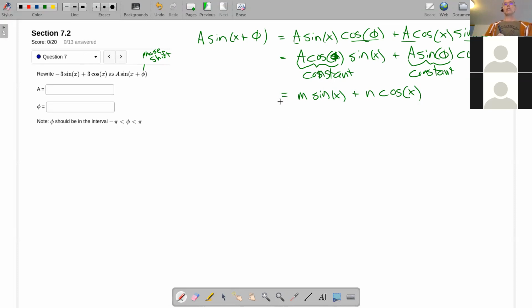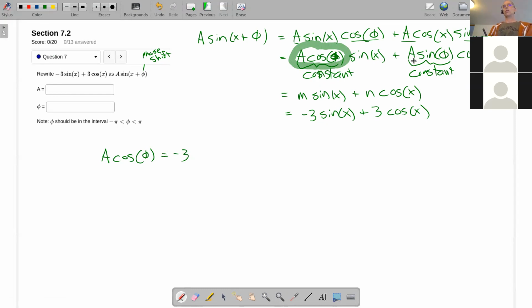Now, we have some hints here. We have a -3 sine of x, and then a +3 cosine of x there. So putting this all together, my constant m here, A cosine of phi, has to be -3. So A cosine of phi, my two missing numbers, has to be -3.